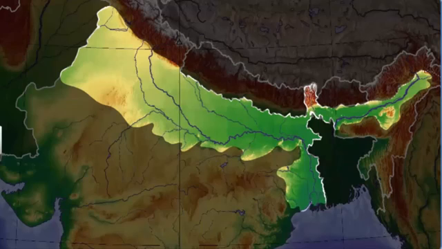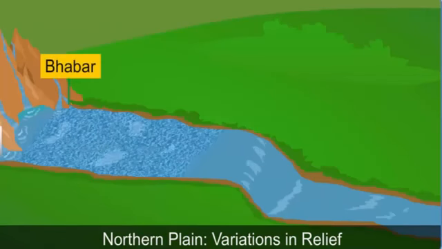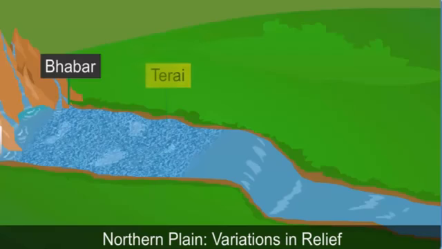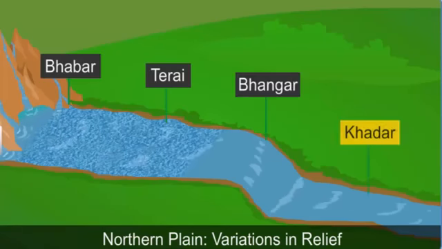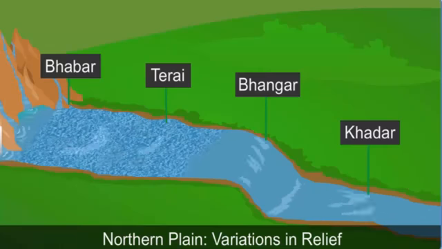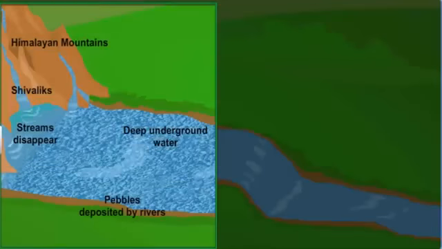In fact, based on these variations in relief, you can divide the northern plain into 4 regions: Bhabar, Terai, Bhangar, and Khadar. Let's find out more about these regions and the features that each of these regions displays. We begin with the Bhabar region.